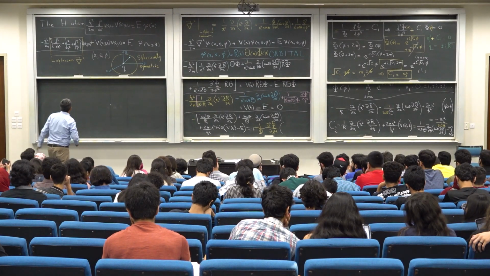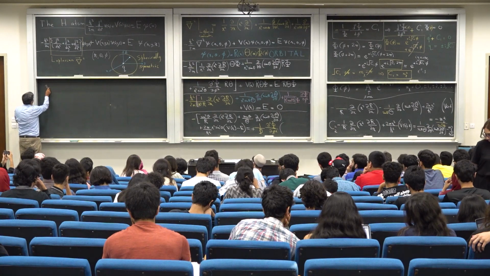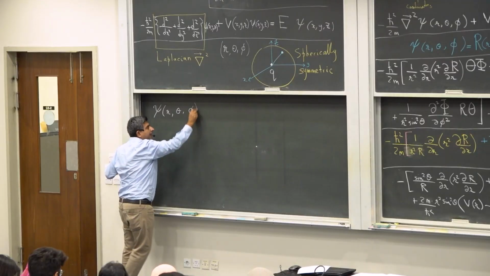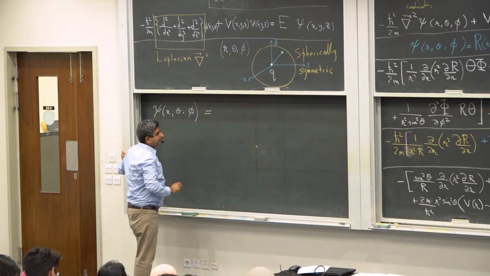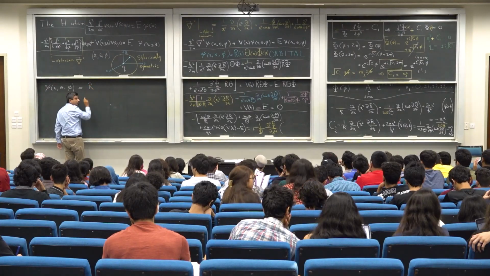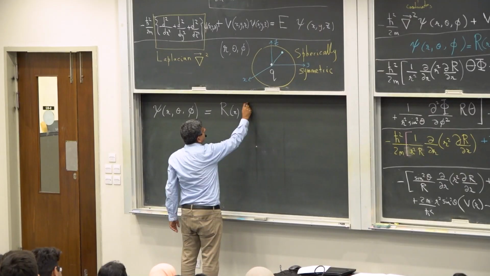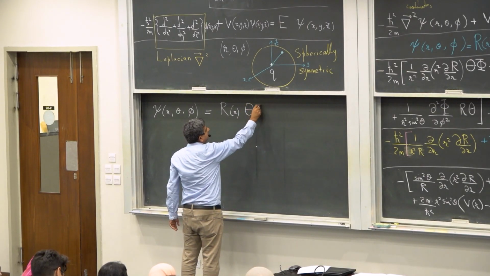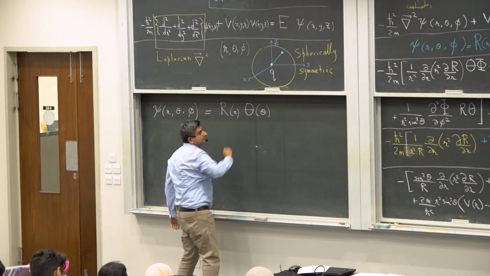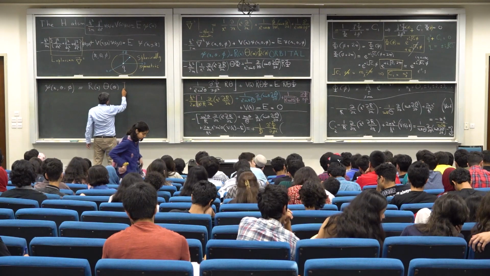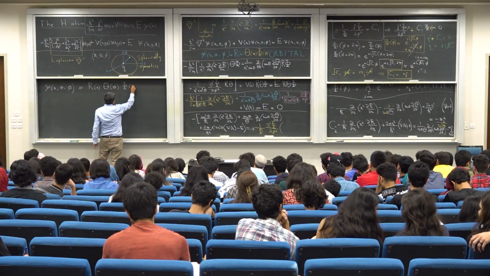All in all, the wave function psi r theta phi has been broken down into 3 parts. An r part called the radial, which is a function of r. A theta part which is a function of theta. A phi part which is a function of small phi.